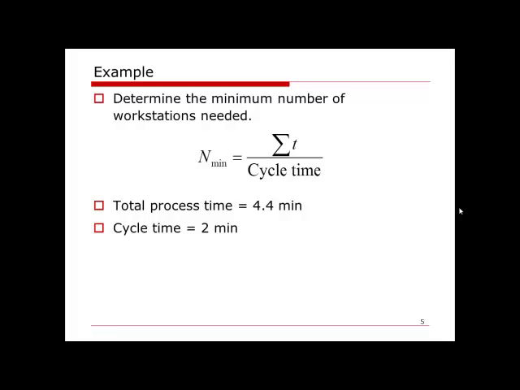And the cycle time is the one we calculated in the previous question, which is 2 minutes. So the minimum number of workstations needed is 4.4 divided by 2, which gives us 2.2. However, we cannot have 2.2 workstations, so we need to round it up to 3. So 3 will be the minimum number of workstations needed.